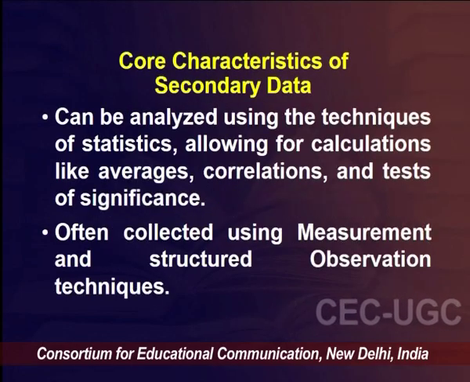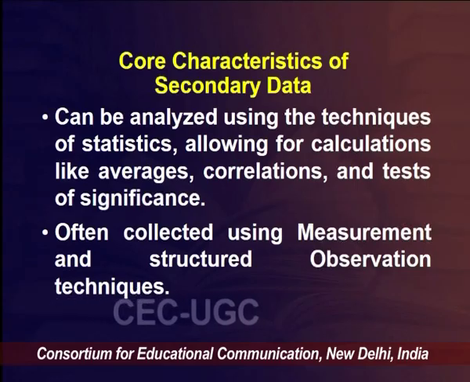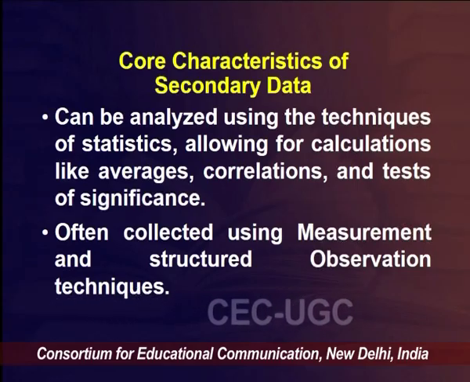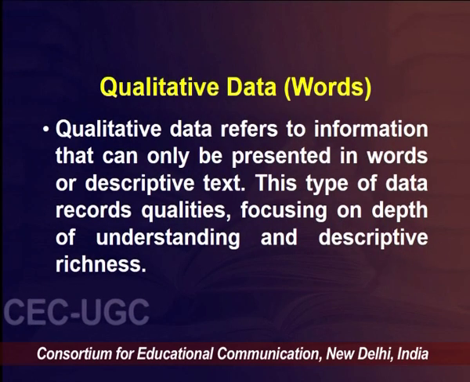These data can be analyzed using the techniques of statistics, allowing for calculations like average, correlations and tests of significance. Quantitative data is often collected using measurement and structured observation techniques.